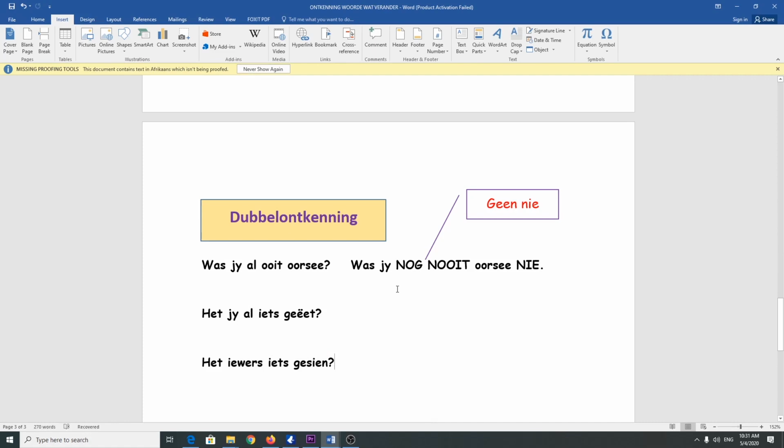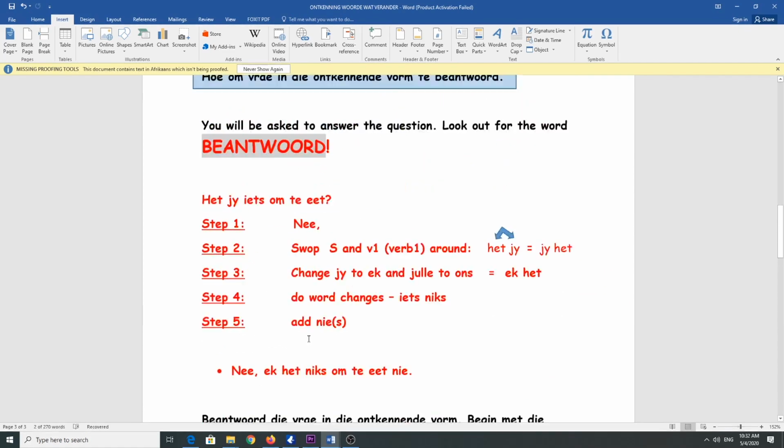I'm first going to do the one here at the bottom. If there are two word changes in a sentence, with the exception of al, which I'll do last, you only change the first one.